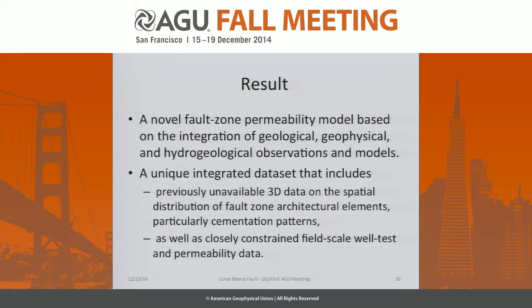So our basic idea here is that this is going to result in a novel fault zone permeability model based on the integration of geophysical, geological, and hydrologic data, and that this site provides an opportunity to develop an integrated data set that includes previously unavailable 3D data on the spatial distribution of fault and materials and properties, as well as characterization of the hydrologic impact of that.